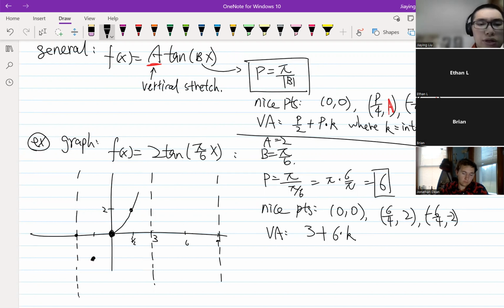So we're just going to draw a nice curve approaching the vertical asymptotes. And the same thing for the next period. To be honest, most of the time, even if you don't graph the nice points, if you get the vertical asymptotes correct, generally we consider that a correct graph.